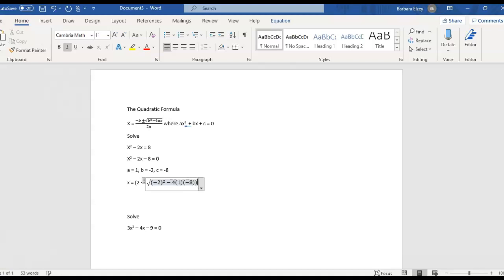And close that. That's the top of the fraction. And I'm going to put that all over 2a, 2 times 1, there in the denominator.